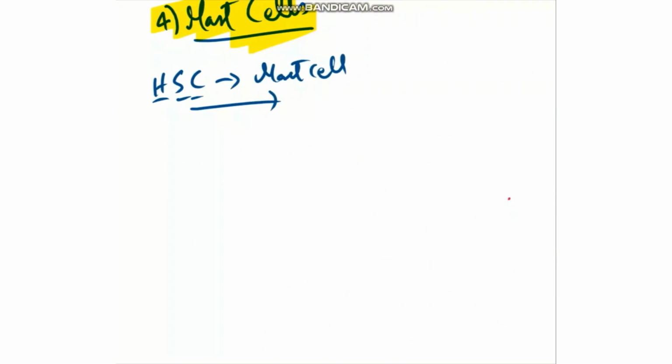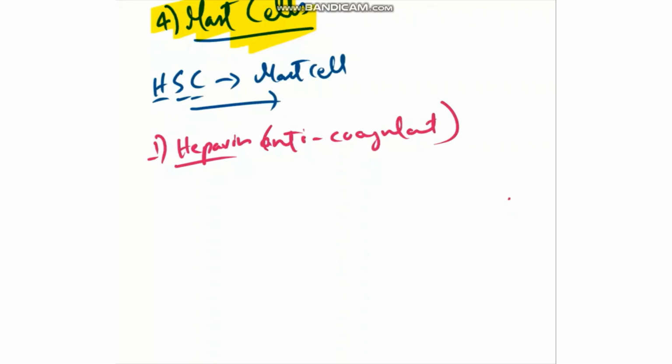So some of the secretions that mast cells produce in case of an allergic reaction include heparin. We have studied this in biochemistry. This is an anticoagulant. Or histamines. You might also have studied this in biochemistry. It's a byproduct of histidine, and what it does is increase the vessel permeability.